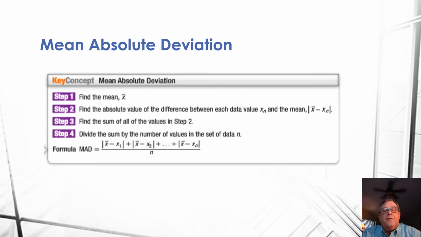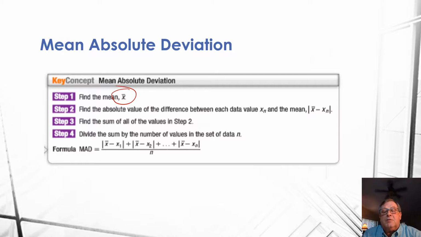So if we're trying to find the mean absolute deviation, step one is we just find the mean of the data. And you might notice here that we're denoting this by this little bar over the x. That stands for the mean of the data. And then we find the absolute value of the difference between the mean and each data value or each data point in our set of data.